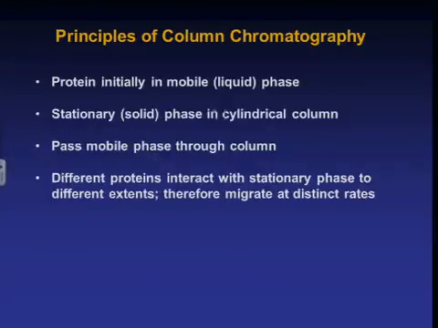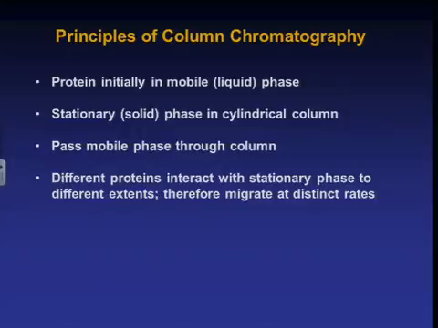Okay, so principles of column chromatography. Let's say you have a mixture of proteins and you want to start fractionating them. You want to purify your protein of interest away from the other ones.